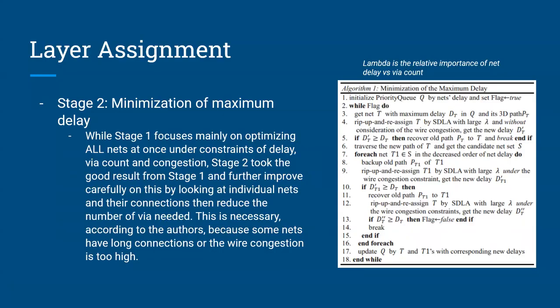Stage 2 is there to improve upon the result from stage 1 by looking at individual nets and their individual connections, and then trying its best to reduce the number of vias needed.